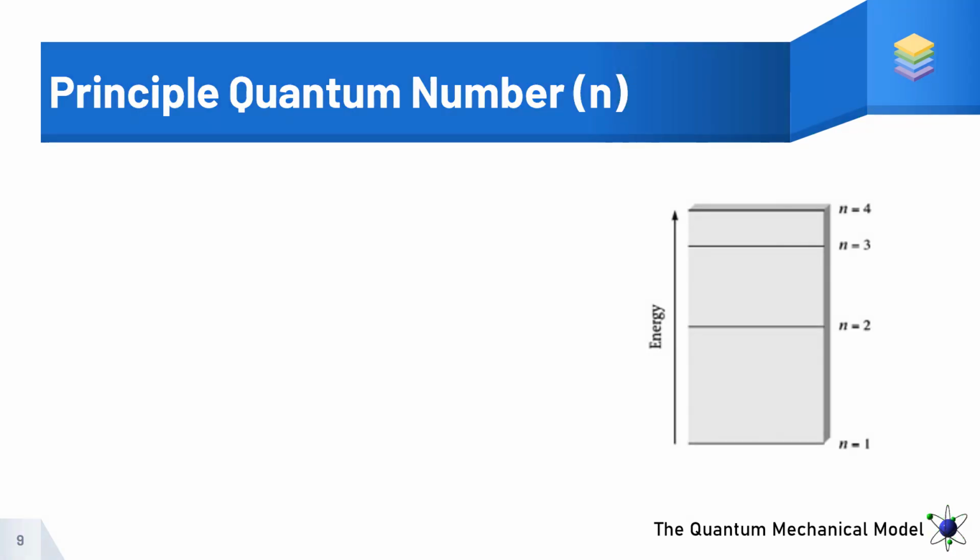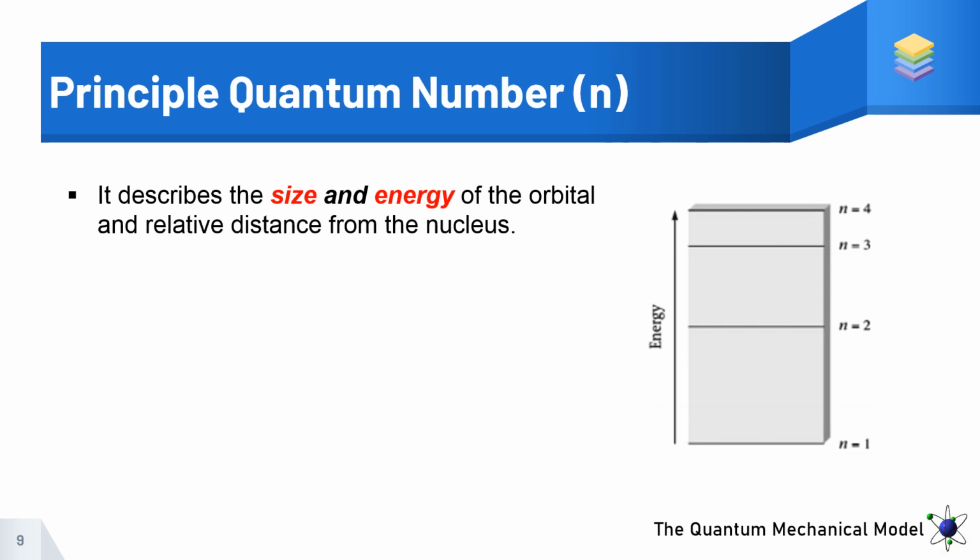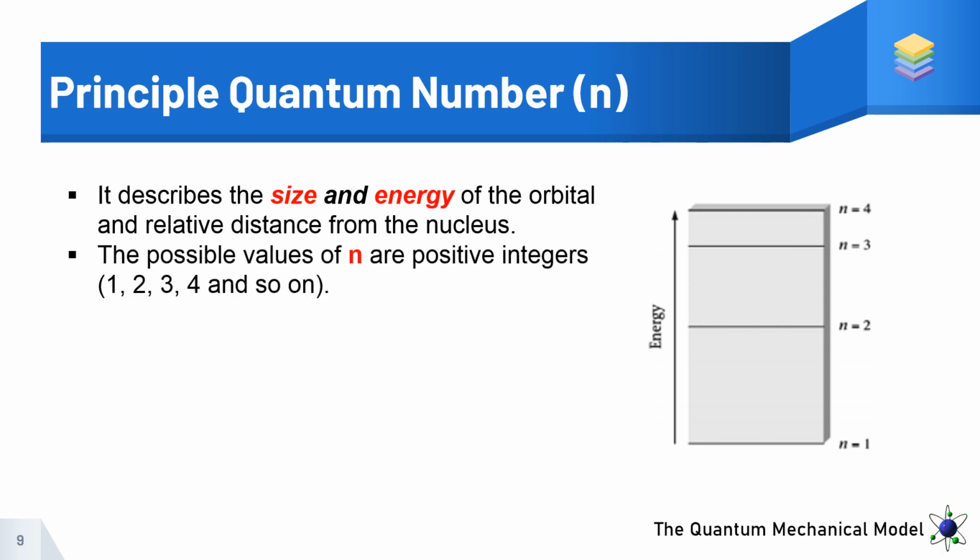Let us start with the principal quantum number, which is symbolized by the letter n. It describes the size and the energy of the orbital, relative to the distance from the nucleus. The possible values of n are positive integers, so 1, 2, 3, 4, and so on.